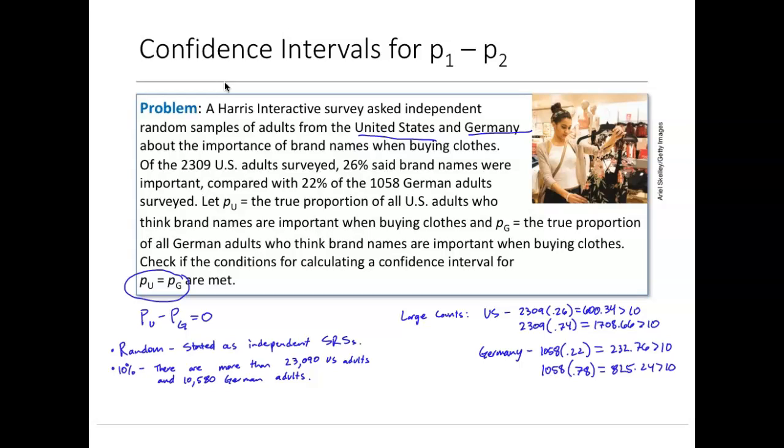All right, and the large counts, remember, just tells us that the sampling distribution will be approximately normal, which allows us to make normal calculations and create a confidence interval. All right, so there are the conditions that we need checked. Kind of cumbersome, kind of annoying, but hey, easy points.